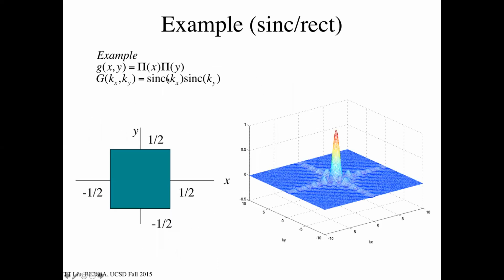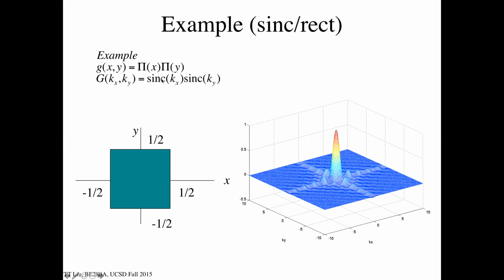So some trivial examples: if I have a square function or a rect function in the plane, then my spatial function is the two-dimensional rect function. We know the underlying Fourier transform of that is the product of two sinc functions, right?